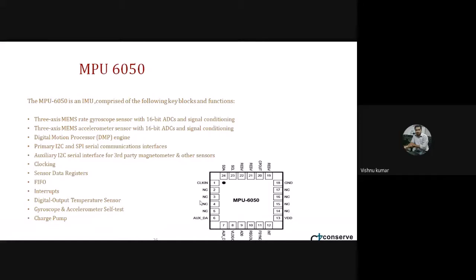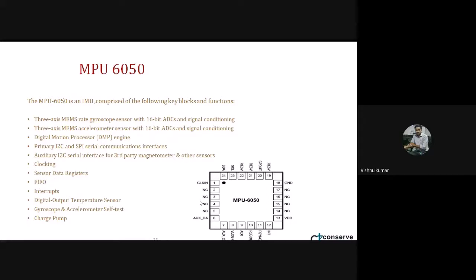The MPU 6050 is a low cost IMU. In our case, the BeagleBone already has an inbuilt IMU, the MPU 9050, but here it's the low cost MPU 6050 IMU.